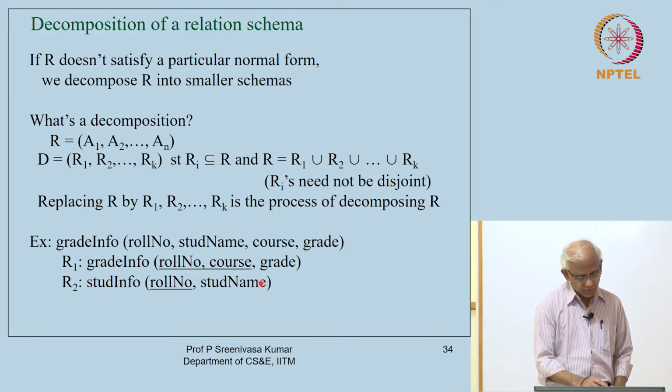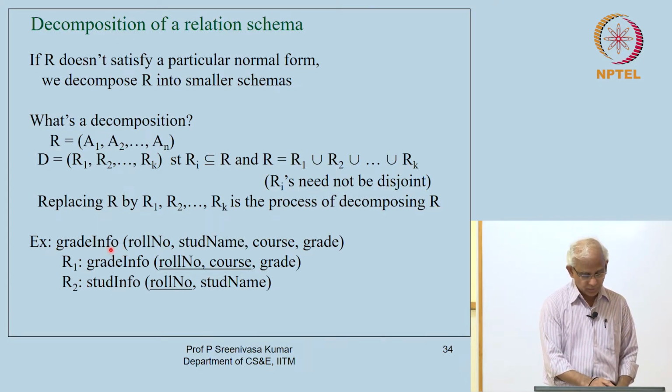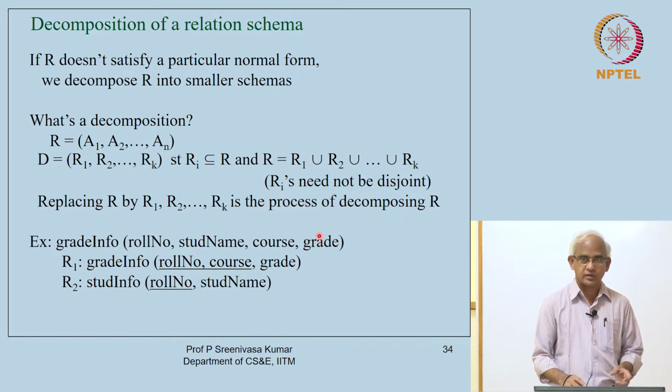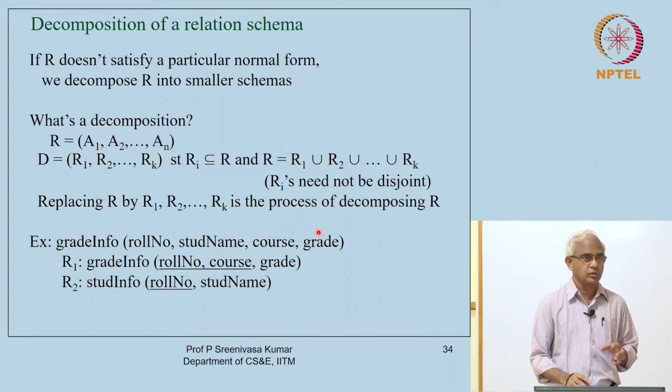For example, in the last lecture we were looking at this relation called grade info, which had roll number, student name, course and grade. This was satisfying third normal form, but it still had redundancy. So we went for a stricter normal form, which is called the Boyce Codd normal form.